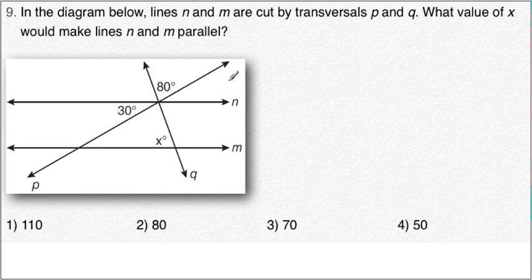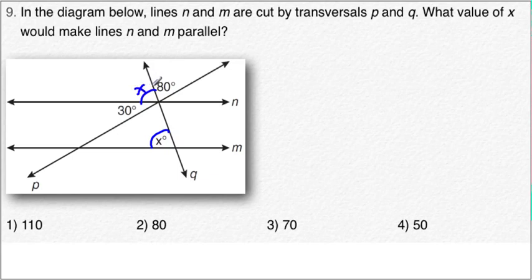Alright, so let's look into this one. We have two parallel lines cut by 2 transversals, but notice the measure of the angle x, where is that at? Its corresponding angle is right over here. So this measure will also be x.